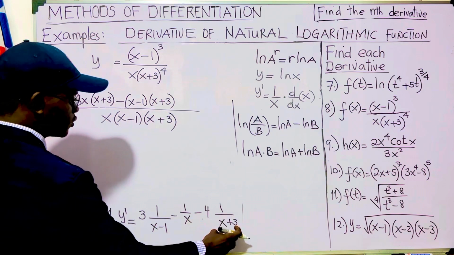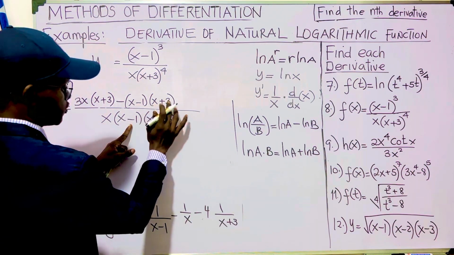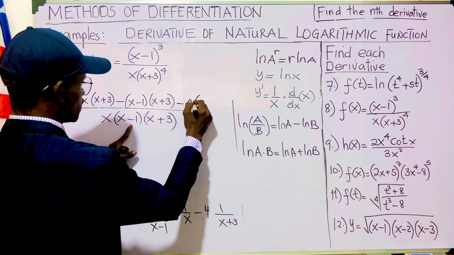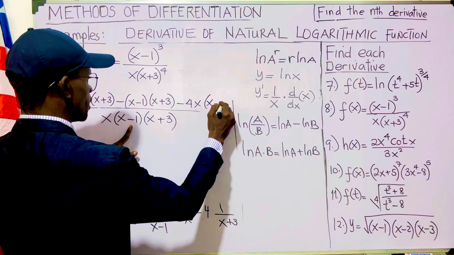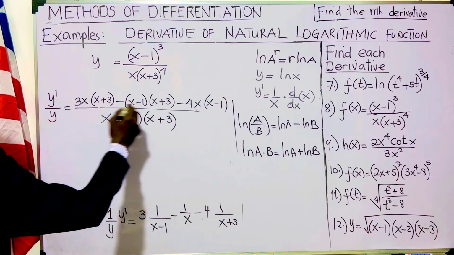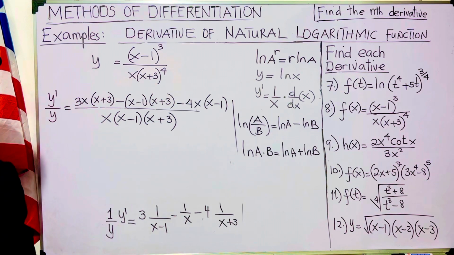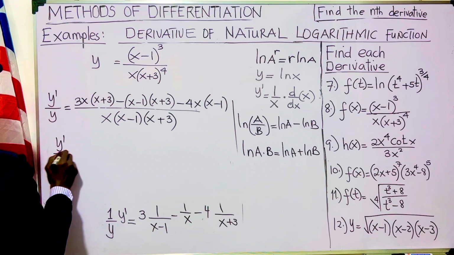And then x plus 3 goes into this denominator. x plus 3 will go out. You'll be left with this one. So it's minus 4 times, okay, 4x times x minus 1. So now we can further simplify, and we have y prime over y.